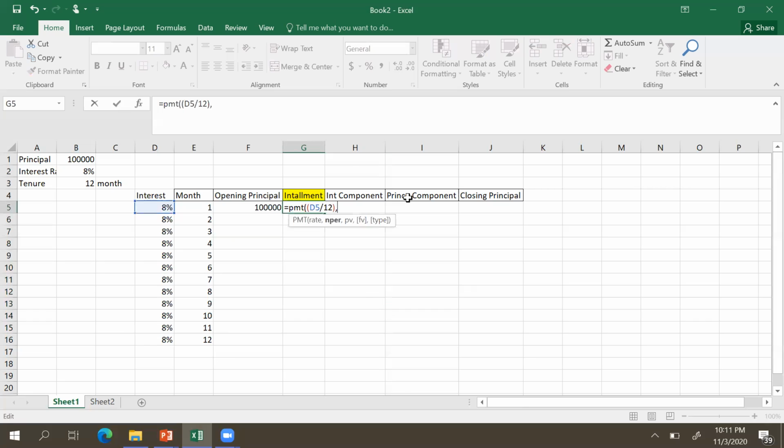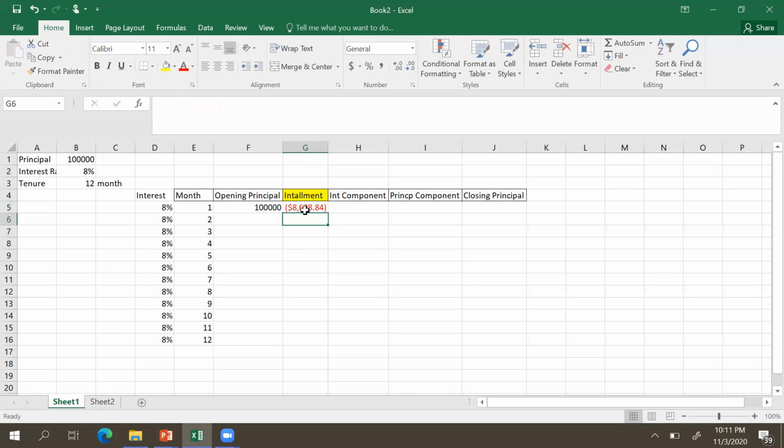Number of months is how many? The number of months for which we have to calculate this EMI is 12. What is the present value of the loan? That is this opening principal. Okay. And I will close the bracket. So this is my EMI.